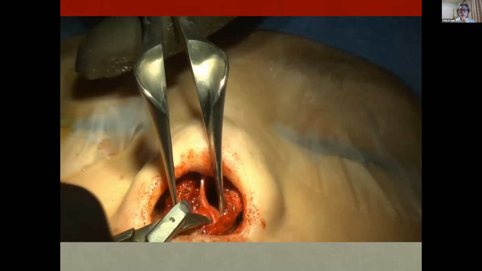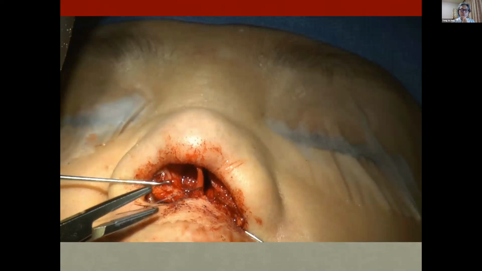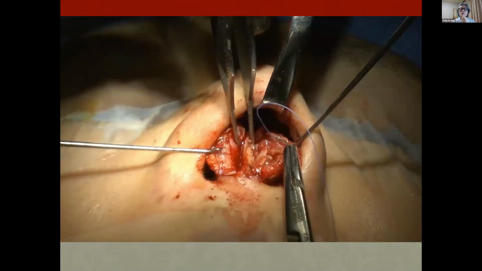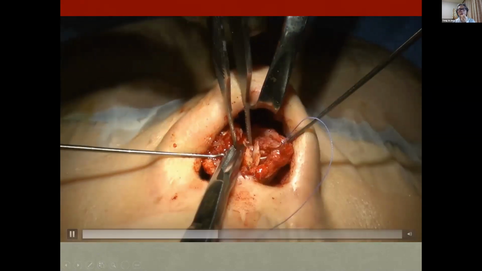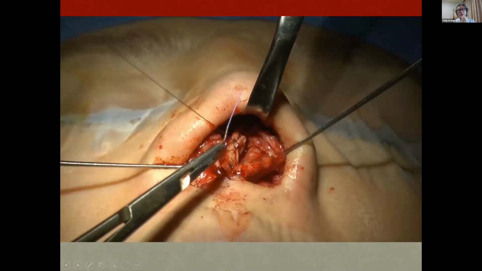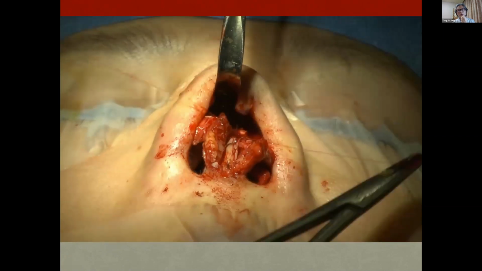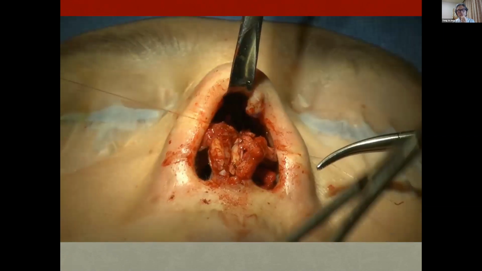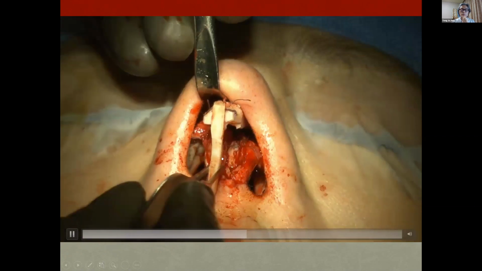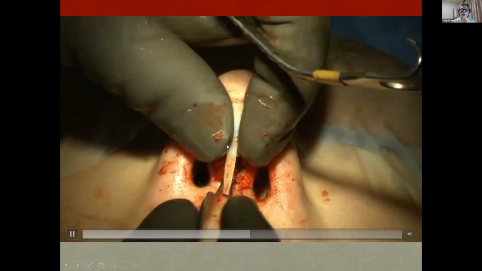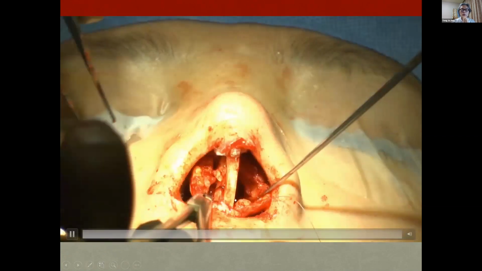But I had to correct his caudal septal deviation, so I partially dissected the mucosa, and then I'm correcting his deviated caudal septum. I designed the A-shape implant with a 7th rib. And this is an integrated implant with dorsal implant plus columella part. This was inserted here, and I'm fixating it to the anterior spine here.